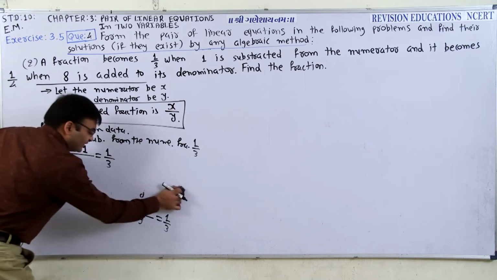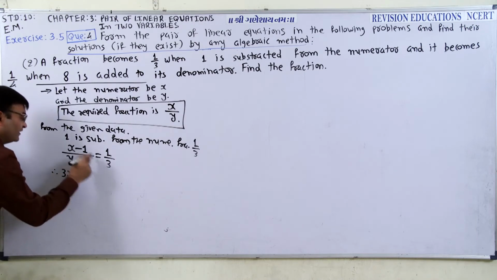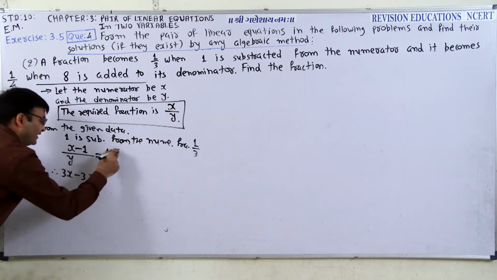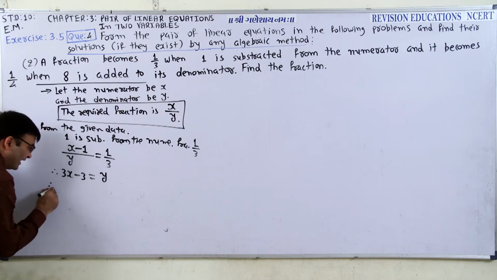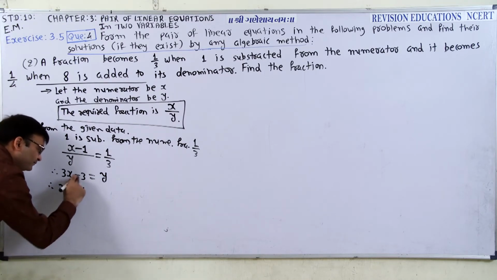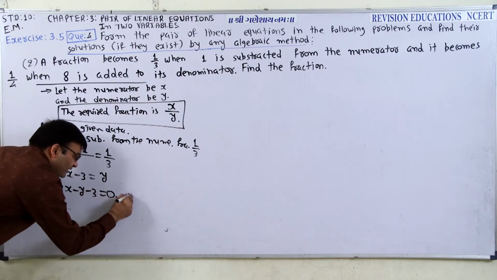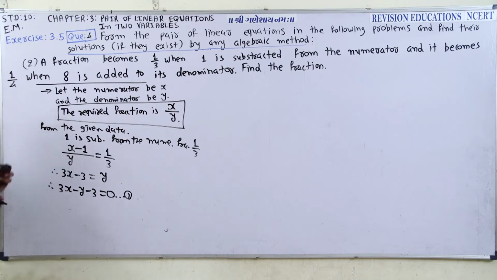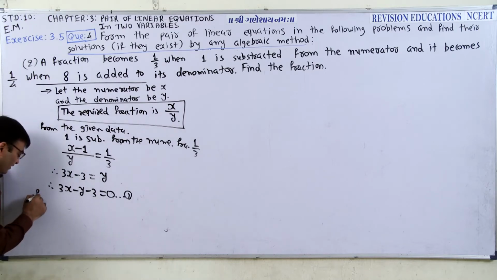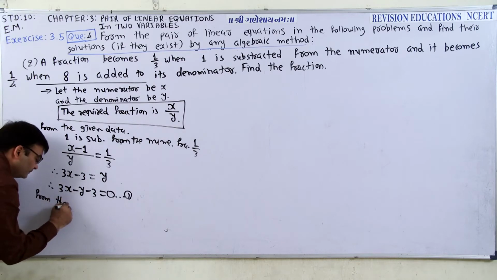Now we get the equation here, friends. 3 into x, 3x, 3 into 1, minus 3 is equal to y. So we got here 3x minus y minus 3 is equal to 0. Give it number 5.